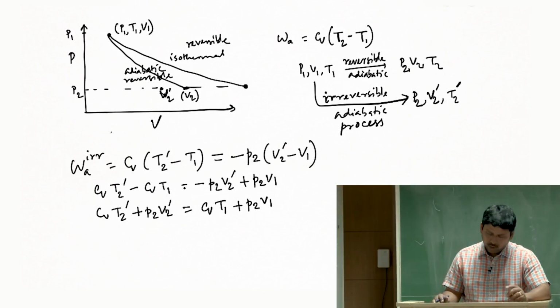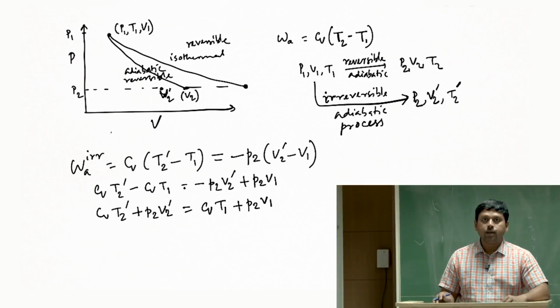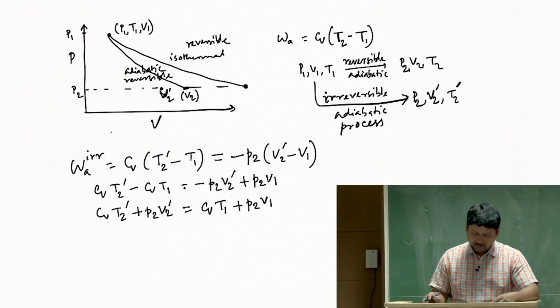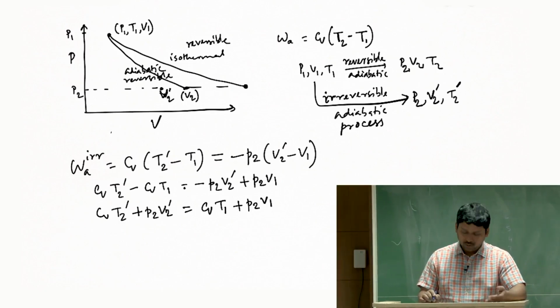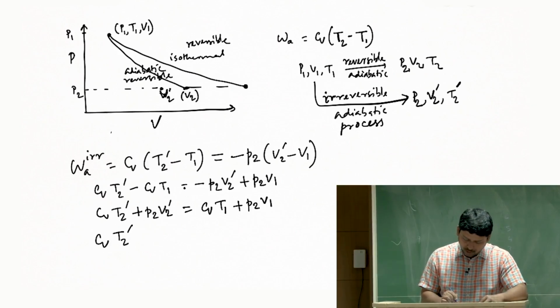Now, we know from the ideal gas equation of state that P1 V1 equals nR T1, and P2 V2 prime will be nR T2 prime. So, you can write Cv T2 prime plus nR T2 prime is equal to Cv T1 plus P2 V1.